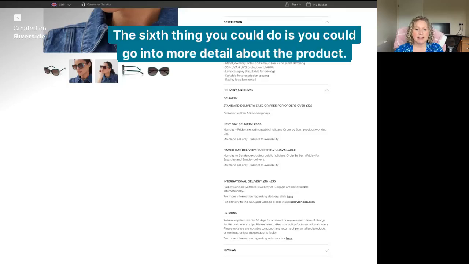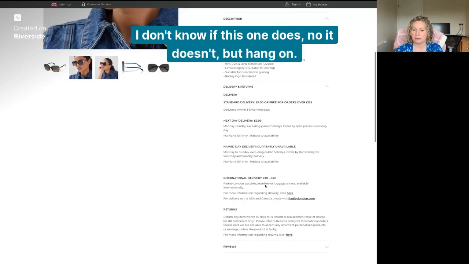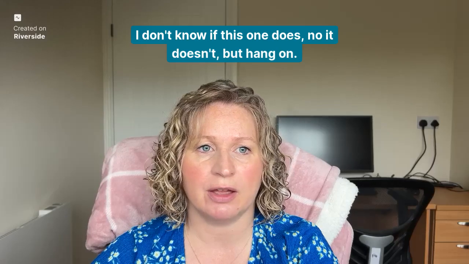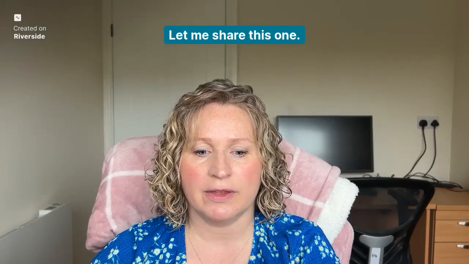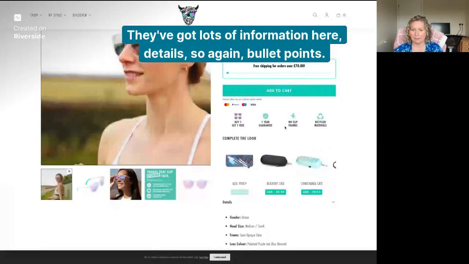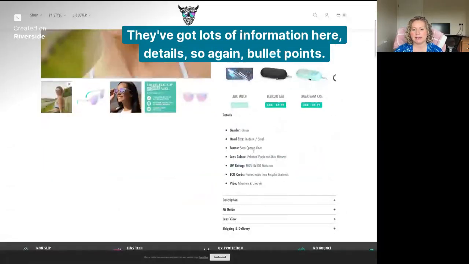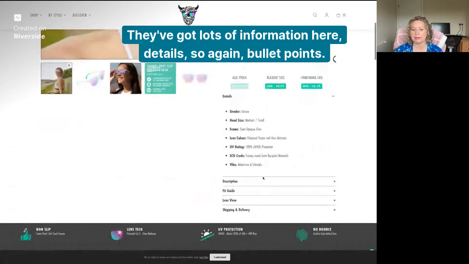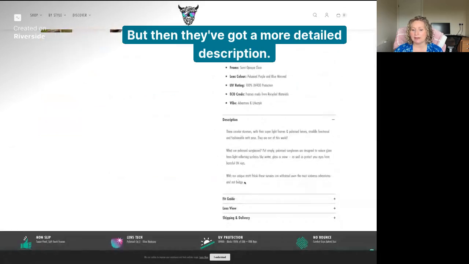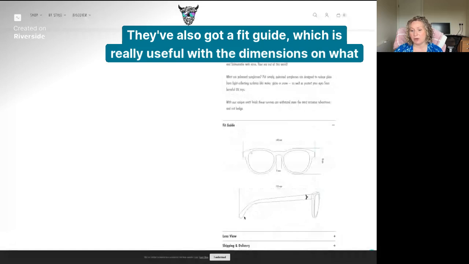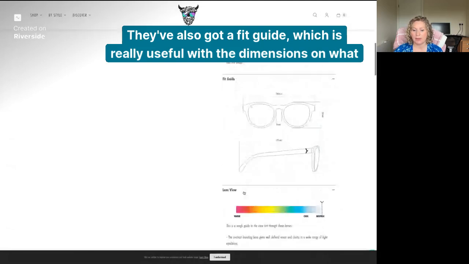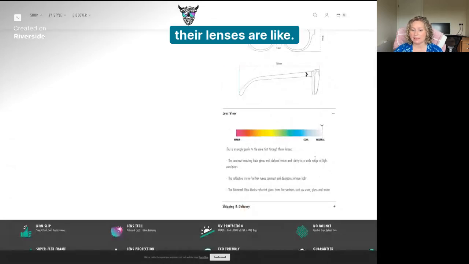The sixth thing you could do is you could go into more detail about the product. I don't know whether this one does. No, it doesn't, but hang on. Let me share this one. They've got lots of information here, details. So again, bullet points. But then they've got a more detailed description. They've also got a fit guide, which is really useful with the dimensions on, what their lenses are like.